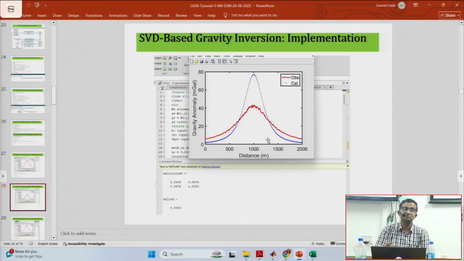So if you provide wrong information about the depth, the spatial distribution, meaning the shape, and therefore the volume, it will be a huge loss.